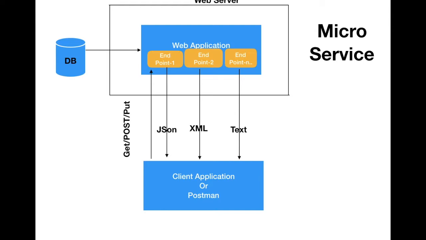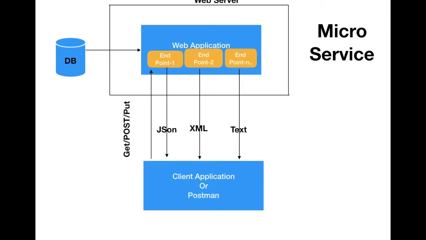So what is the microservice? Just I am trying to explain over here. The microservice is a set of endpoints present in the web application, which is going to provide some response to the user. It might be JSON, it might be XML, it might be text, on request from the client application.